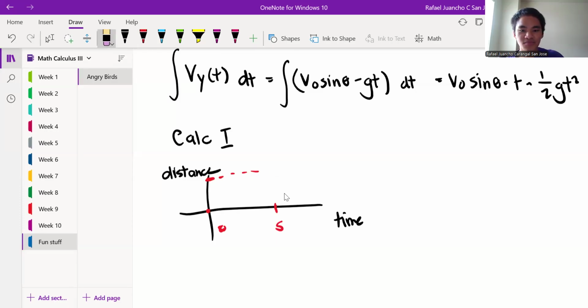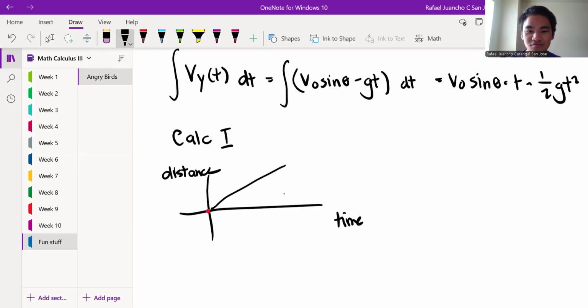But let's say we want to get the speed. How do we get the speed?